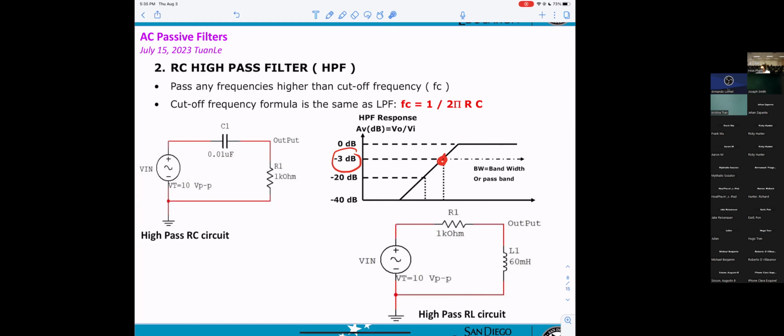So any signal with a frequency higher than FC will be passed. That's what we call the bandwidth or pass band. Any signal can pass if the frequency is higher than cutoff. And this is just given to you as the high pass for the RL circuit.